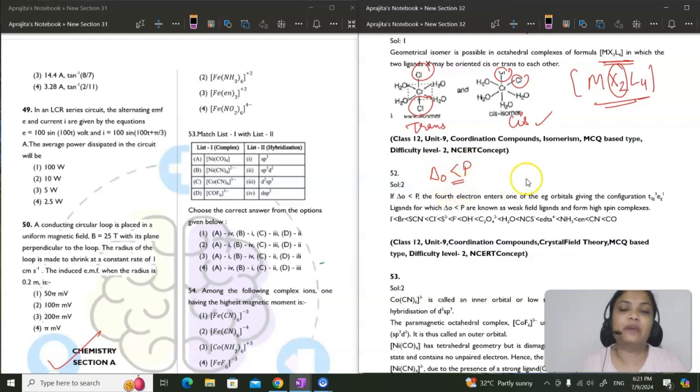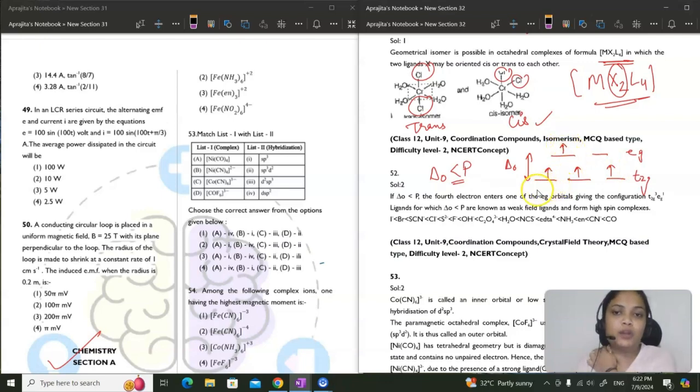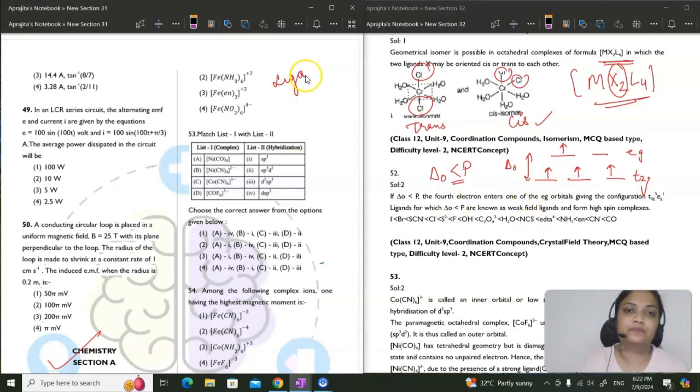If this is the splitting, with the t2g orbitals and eg orbitals, whenever delta naught is less than the pairing energy, the splitting energy is less, so the electron can easily occupy the eg orbital also. The configuration will be t2g3 eg1, meaning the fourth electron will not get paired up, it will go to the eg orbital. It actually depends on the ligands.